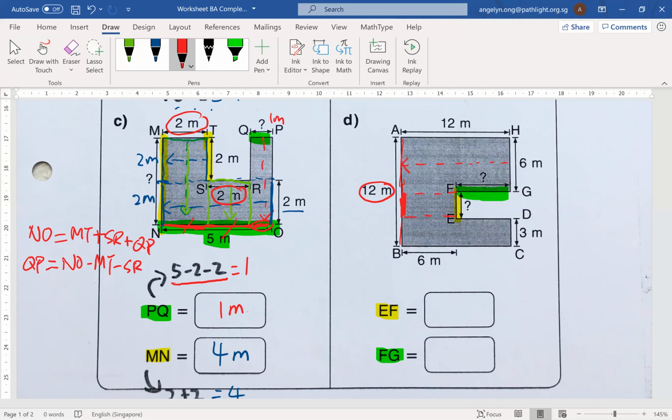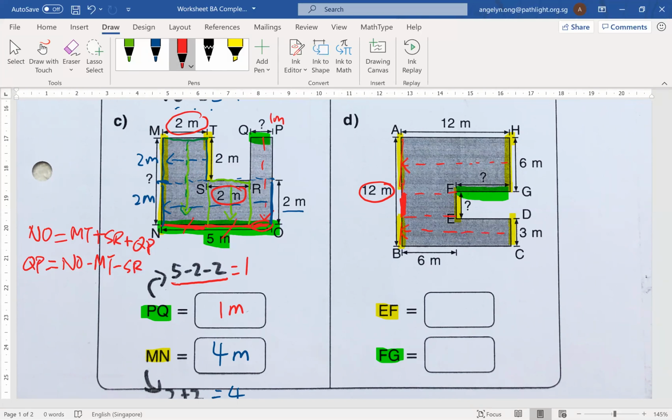So HG can be brought across, like this part here is the same as this part here. Then the other part, this one here, if I look across, is the same length as DC. So DC is equal to this part.